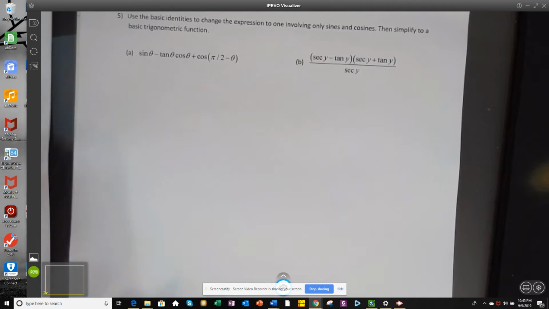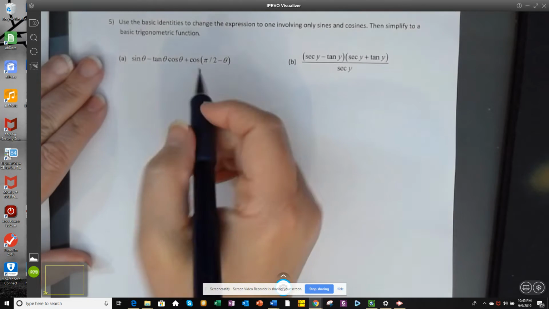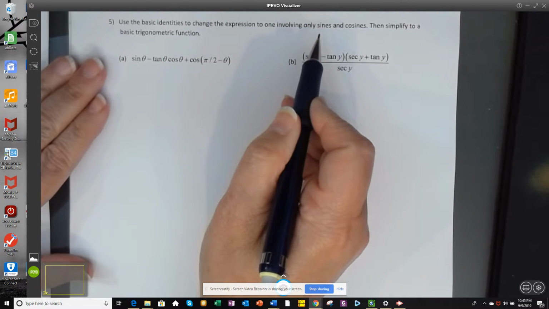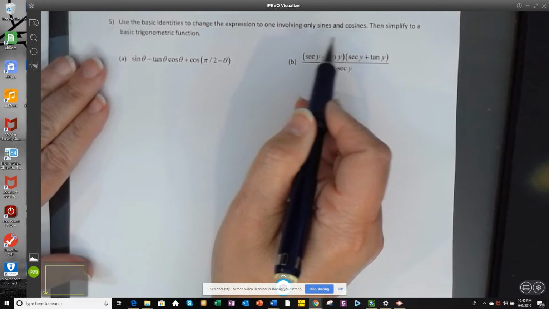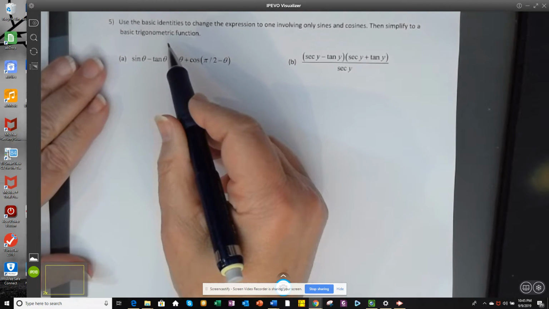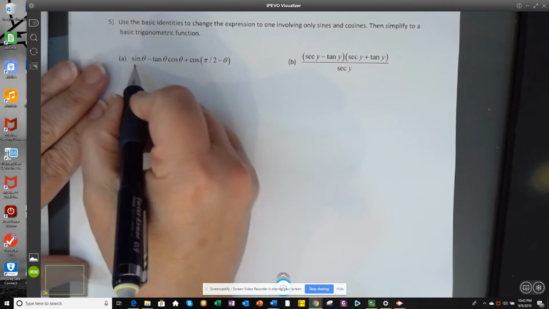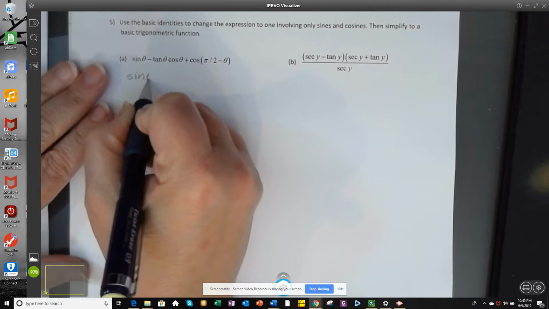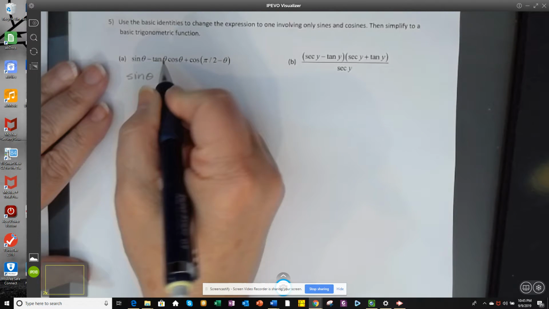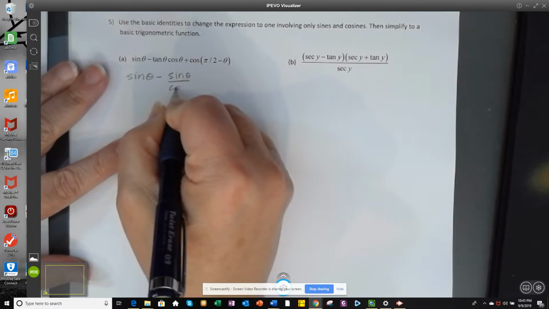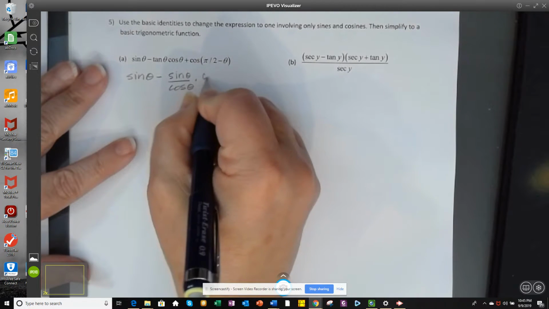Practice makes you better. All right, number 5 says use the basic identities to change the expression to one involving only sines and cosines, then simplify to a basic trig function. Okay, well, sine theta you can't really change. Tangent I can change to sine theta over cosine theta times cosine theta.